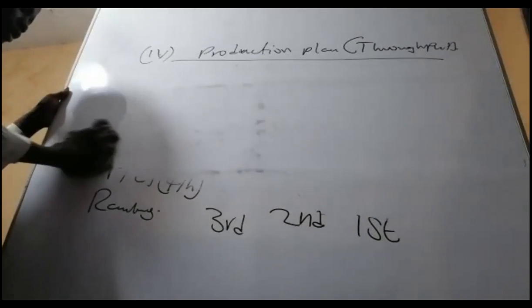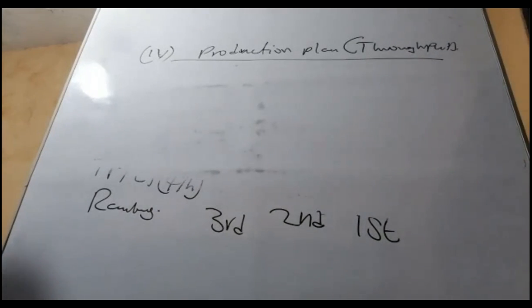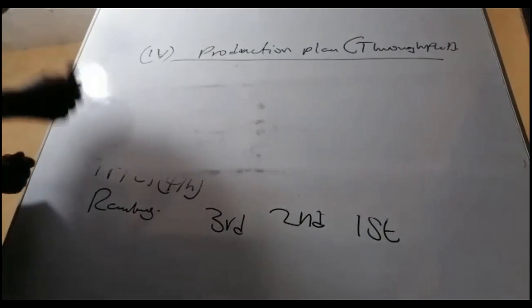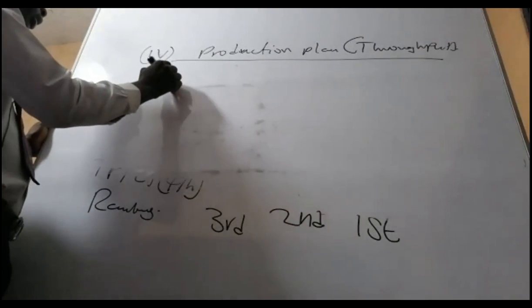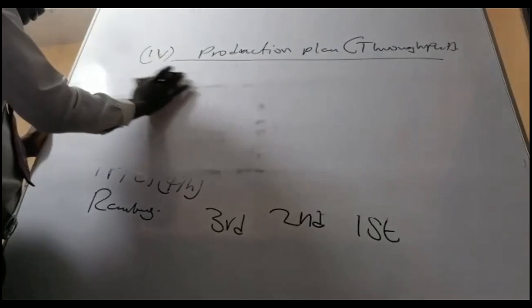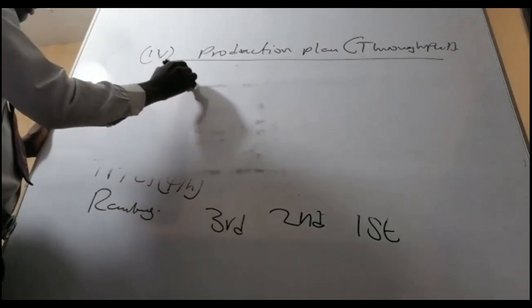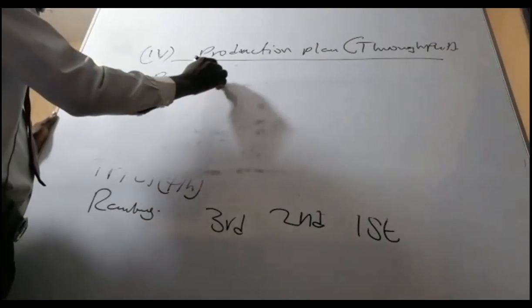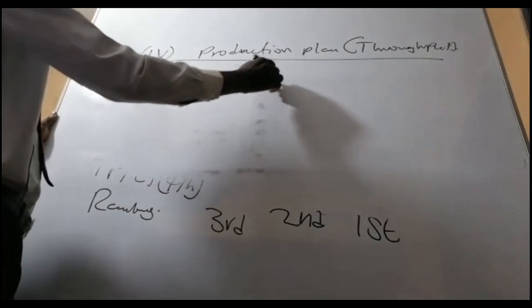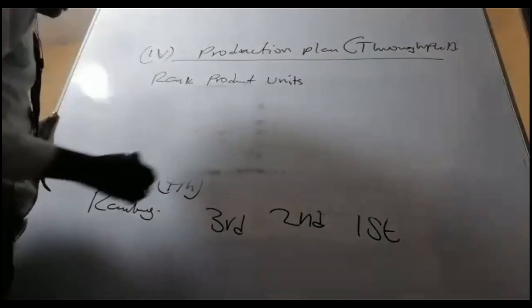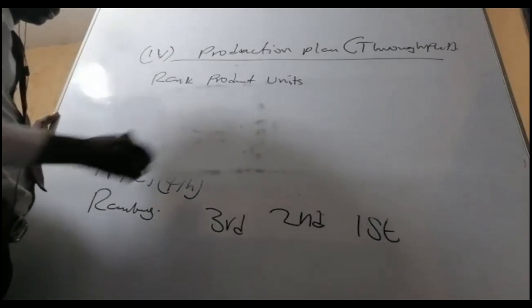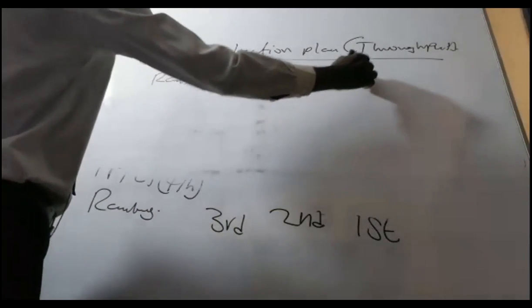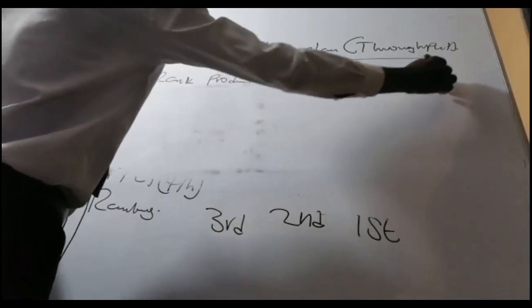So with this one, we will have the rank still the same: the rank, the product, the units, and then what again? Limiting factor per unit, and then total limiting factor.